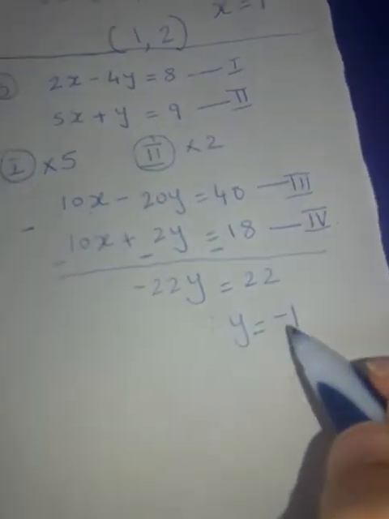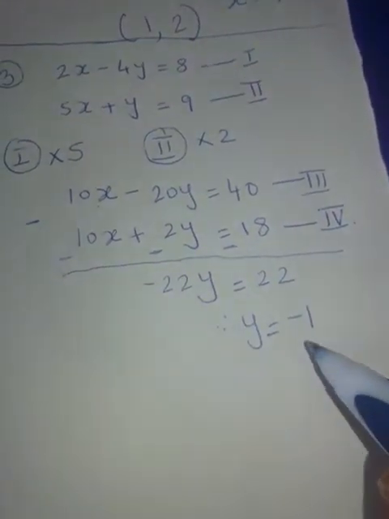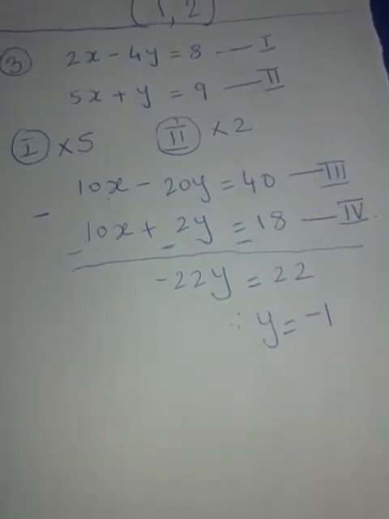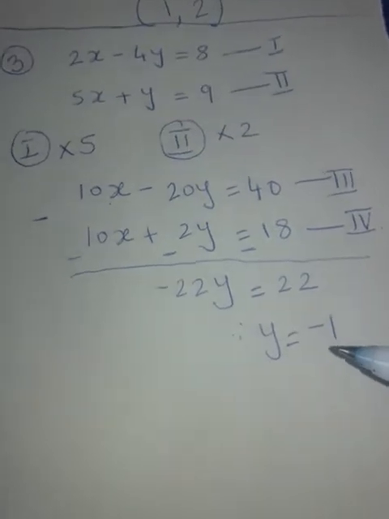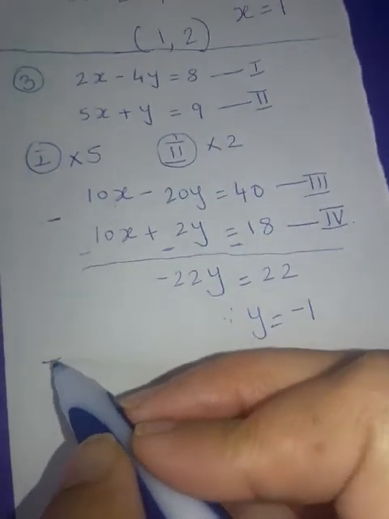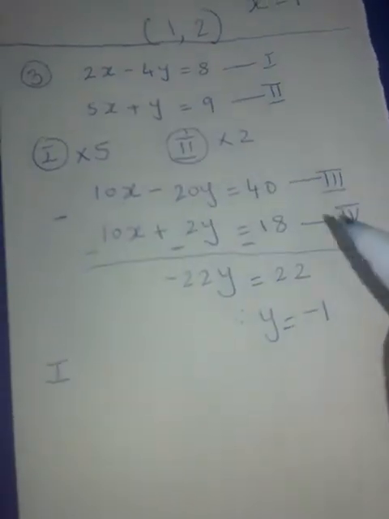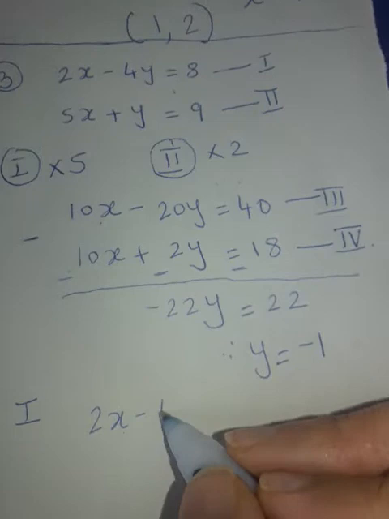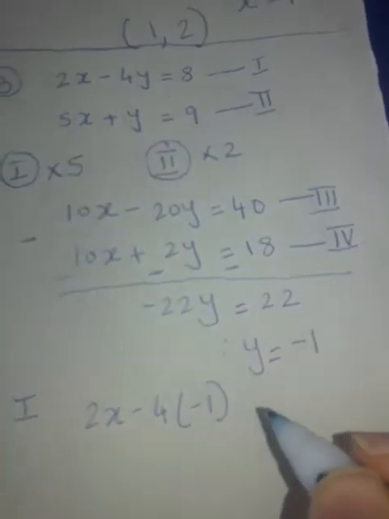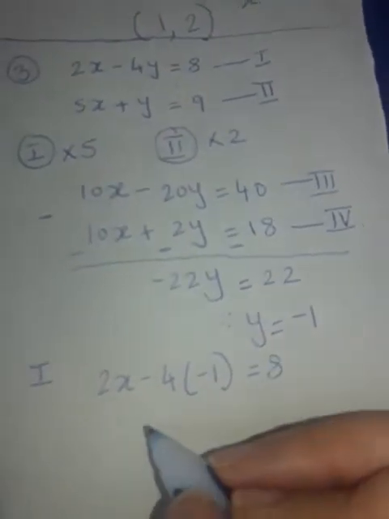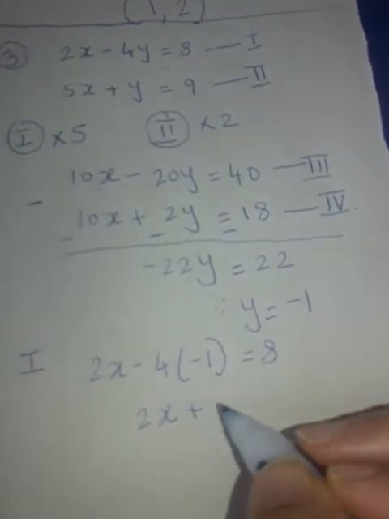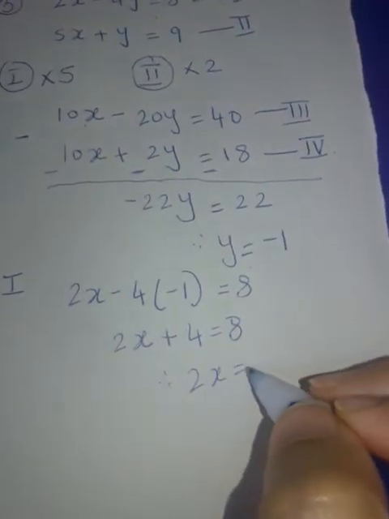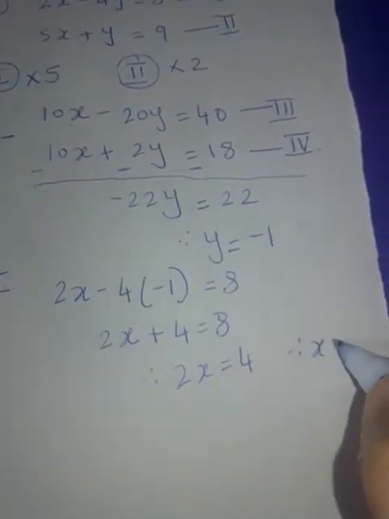Get this? Now I will put this value of y. I can put this value in either 1 or 2 or 3 or 4. I can select anything. Everywhere I will get the same value of x. So suppose I substitute in equation 1, y is equal to minus 1. Substituting here, x is equal to 2.